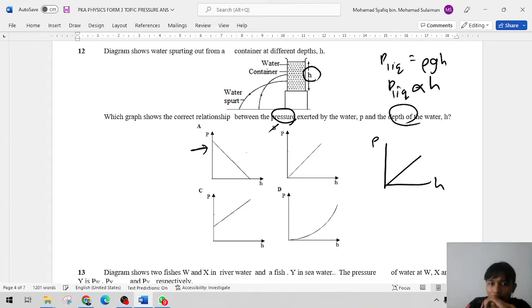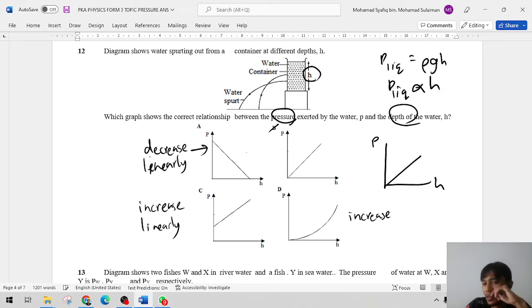Okay, so this one is decrease. Okay, decrease linearly. C is increase linearly, and this one is increase maybe quadratically.